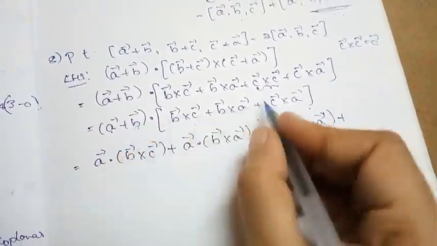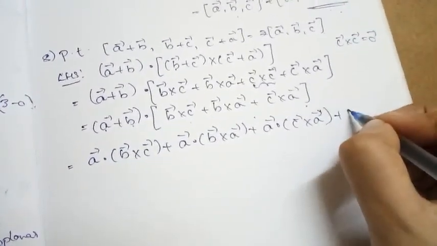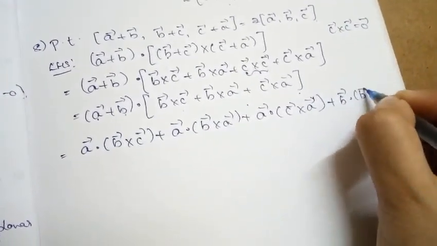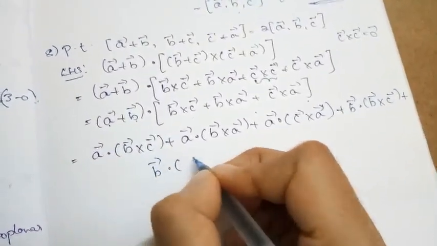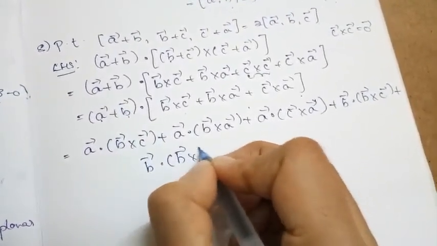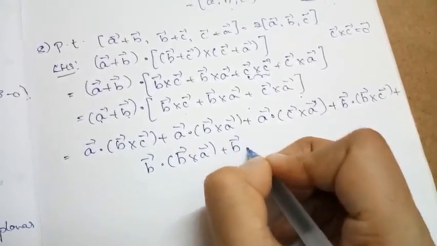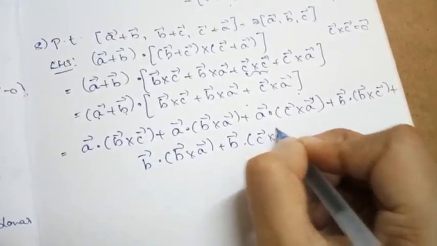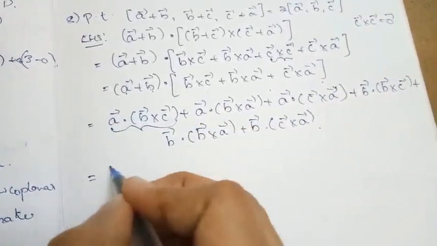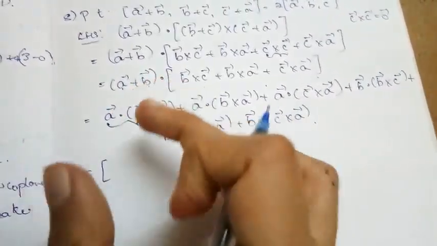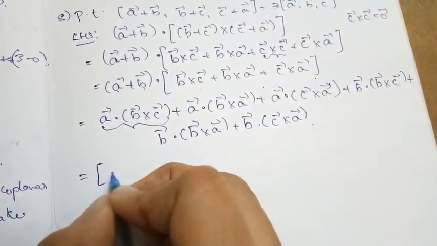Next, I am multiplying vector B to all three vectors. That becomes vector B dot B cross C plus vector B dot B cross A plus vector B dot C cross A. Now, how can I write this in the representation of the scalar triple product?